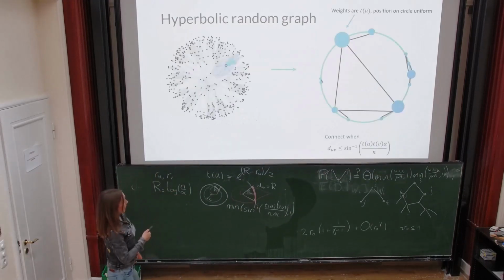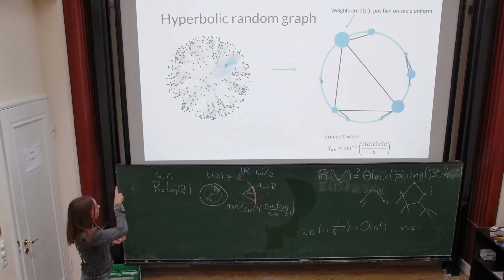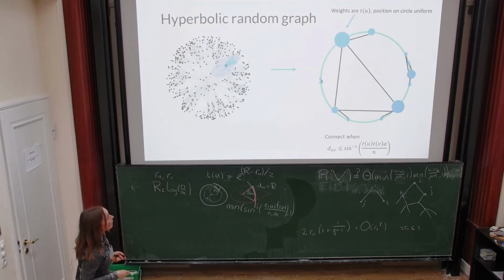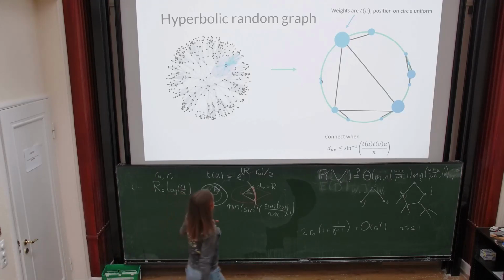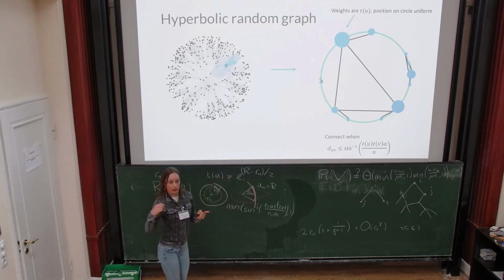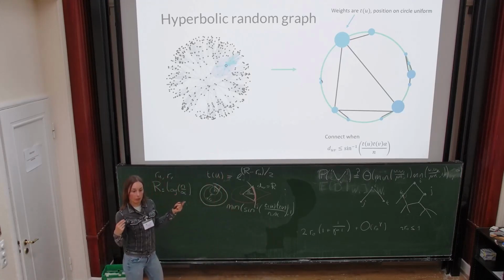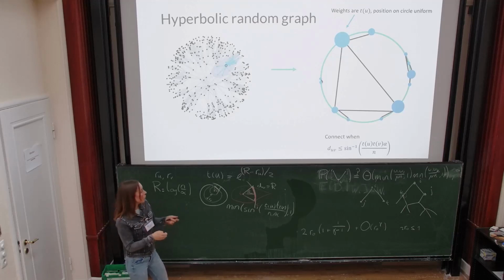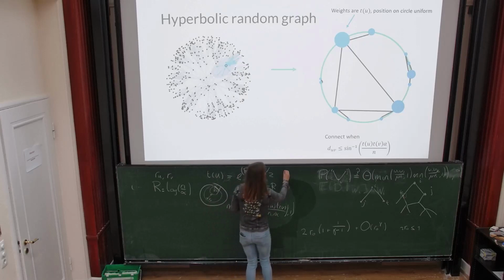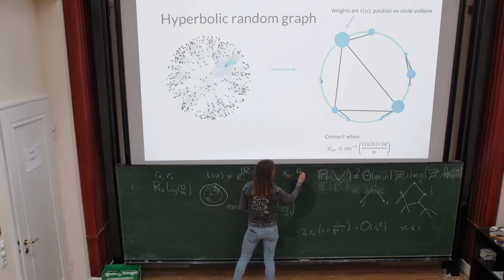So then this means that we can actually transform this hyperbolic random graph to something which lies on a 0-1 torus. In this hyperbolic random graph we had the positions which are uniform. What we can do is take theta of u divided by 2 pi.